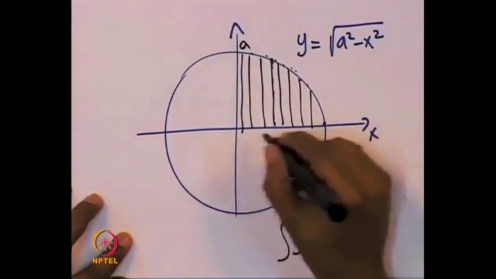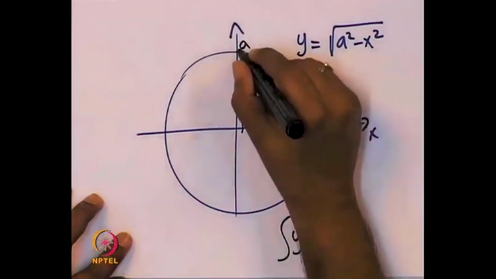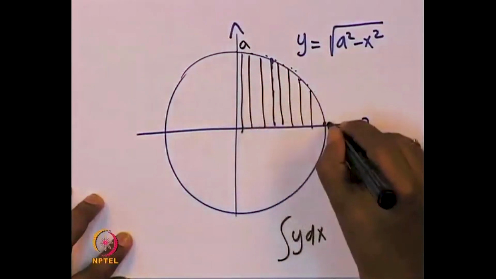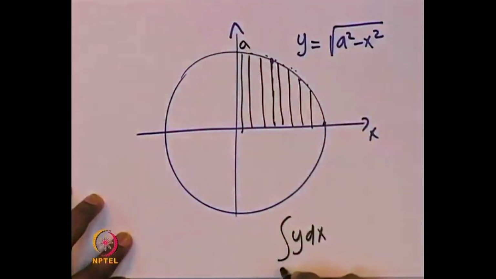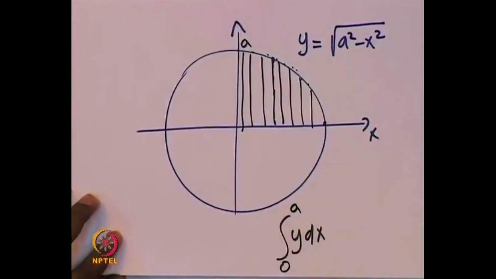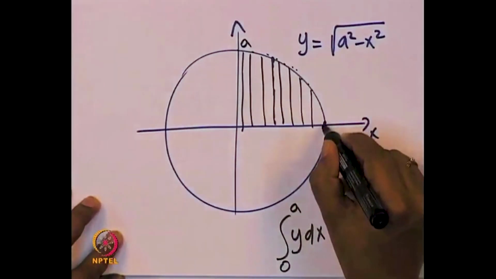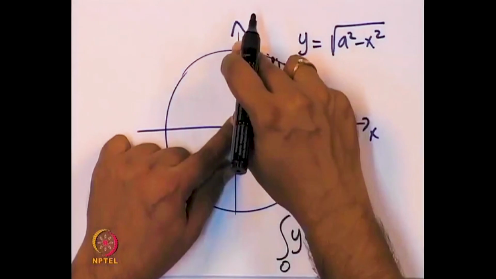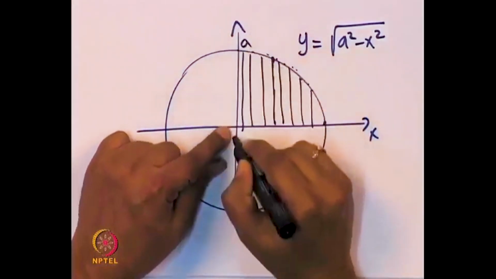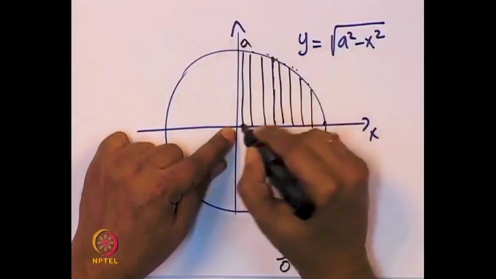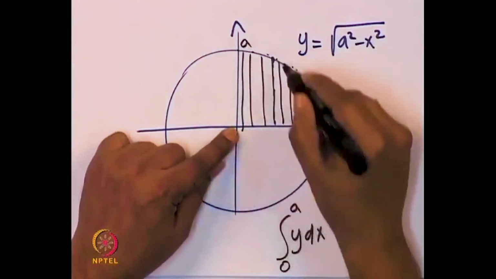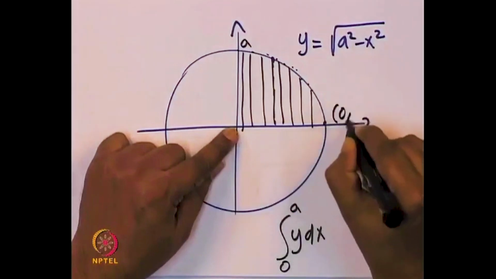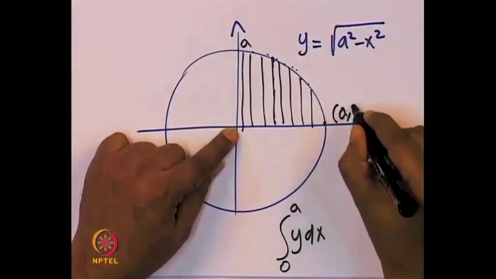Here x is equal to a and y is equal to 0.